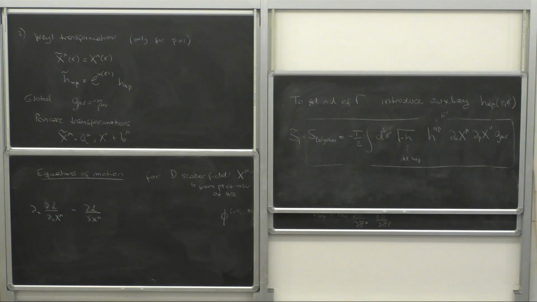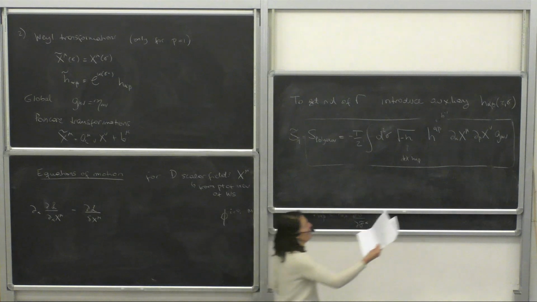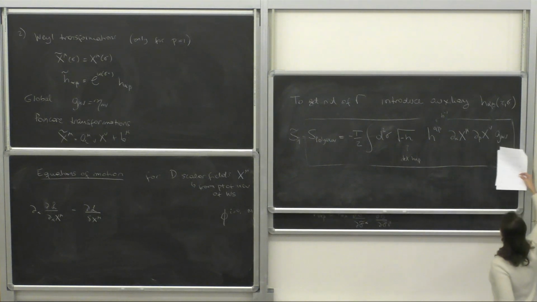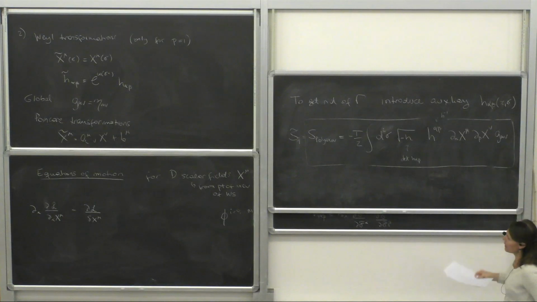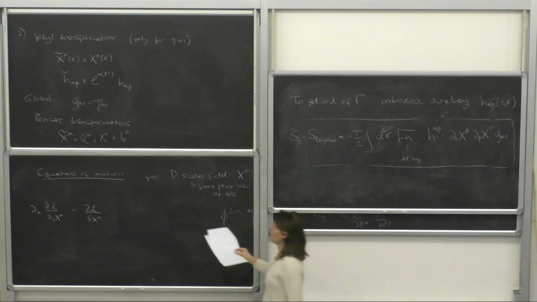Okay, does the Lagrangian depend on x mu? The Lagrangian certainly depends on d alpha x mu. Does it depend on x mu? Well, if this metric is generic, this will actually be a function of the coordinates, so this will depend on x mu in general.